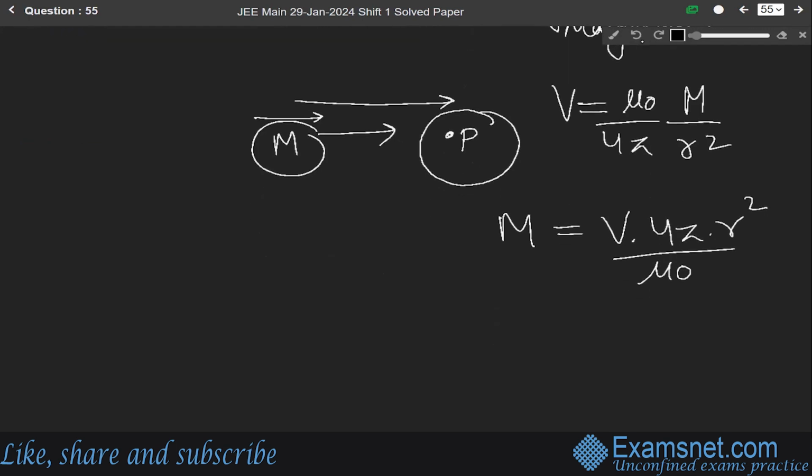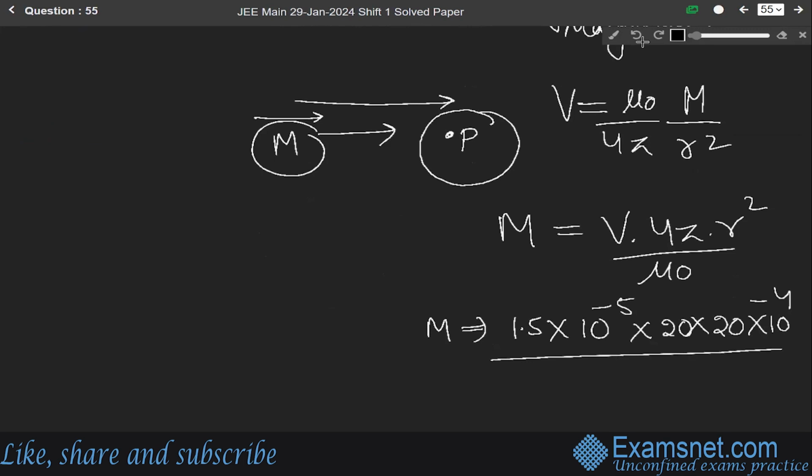Now solving it, we get m is equal to 1.5 into 10 to the power minus 5 into 20 into 20 into 10 to the power minus 4 upon 10 to the power minus 7, since mu naught equals 4 pi into 10 to the power minus 7.